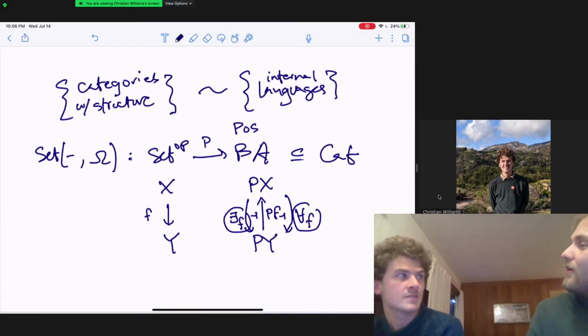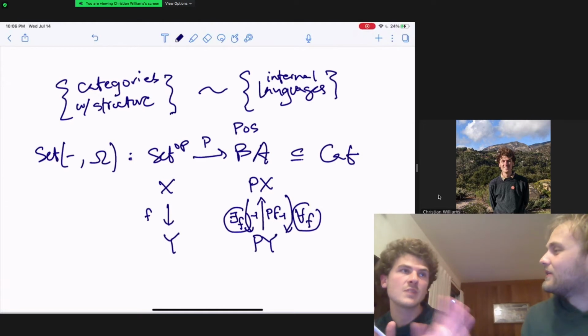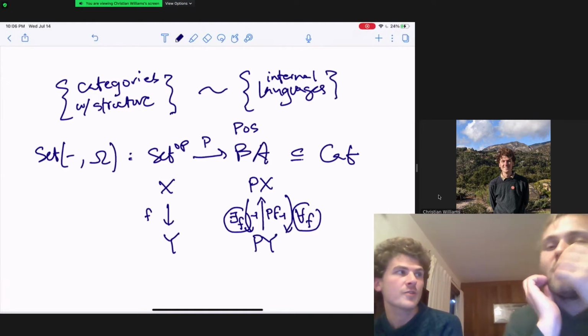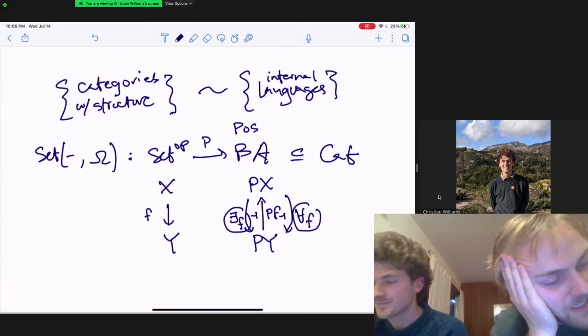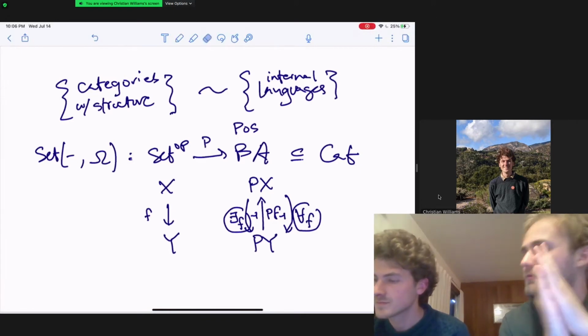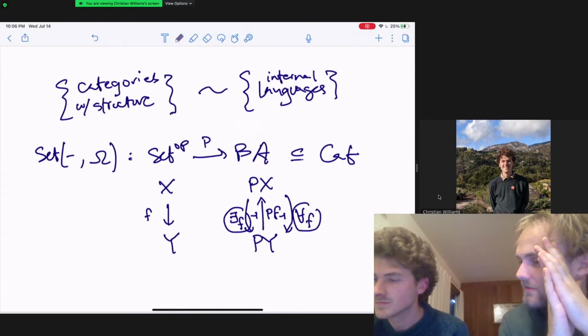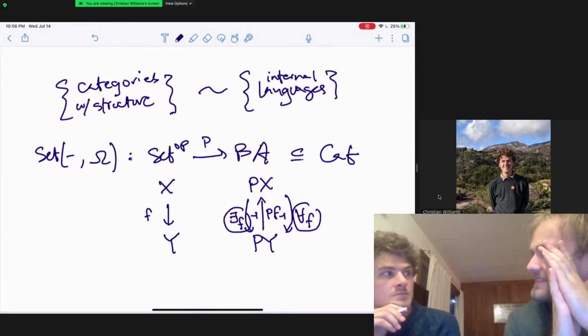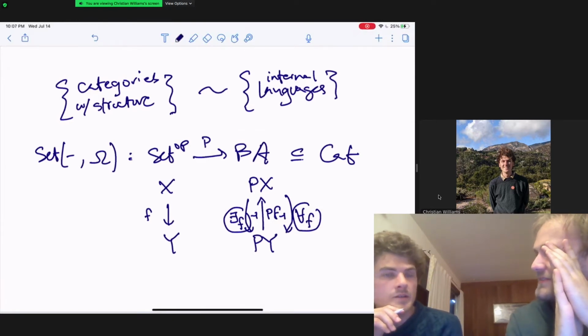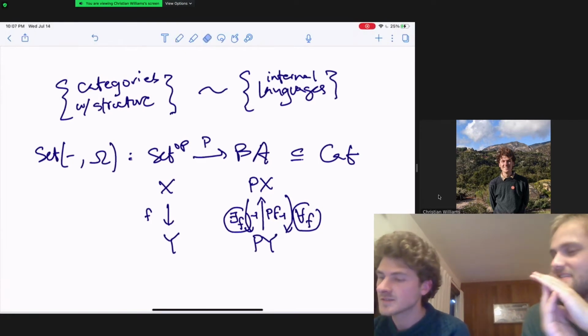Oh, and I guess there exists P or Q is the same as there exists P or there exists Q. This kind of makes sense because when you think of for all, that's kind of like a big and. And when you think of exists, it's like a big or.